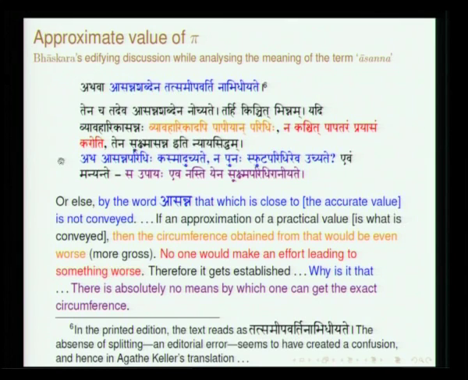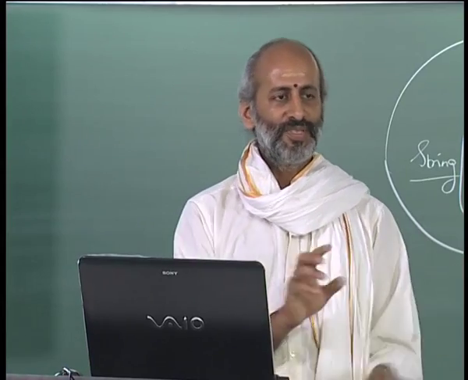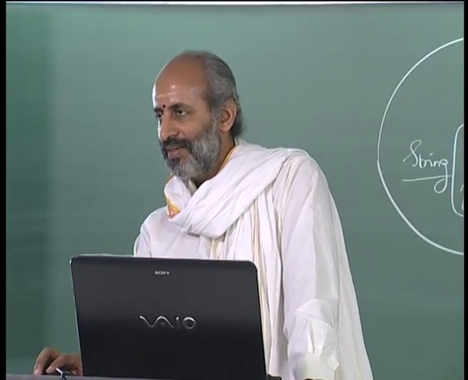Nakaschit papataram prayasam karoti. No one is going to make some effort in specifying some value saying that this is going to be much grosser and therefore you use this. So this does not make much sense, and therefore, by purely logical reasoning, we can arrive at the conclusion that asanna has to be understood only as something which is very close to the exact value.